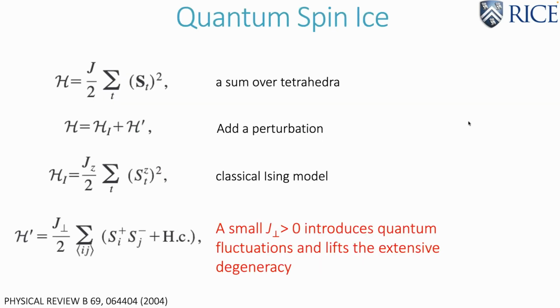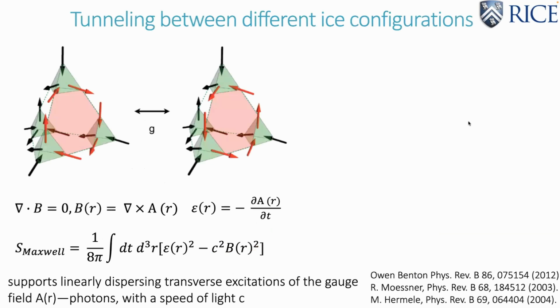So what is quantum spin ice? In that case, we introduce a small transverse term that will introduce the quantum fluctuation, and then we lift the extensive degeneracy. So for this quantum spin ice, there's a tunneling between the ice configurations.